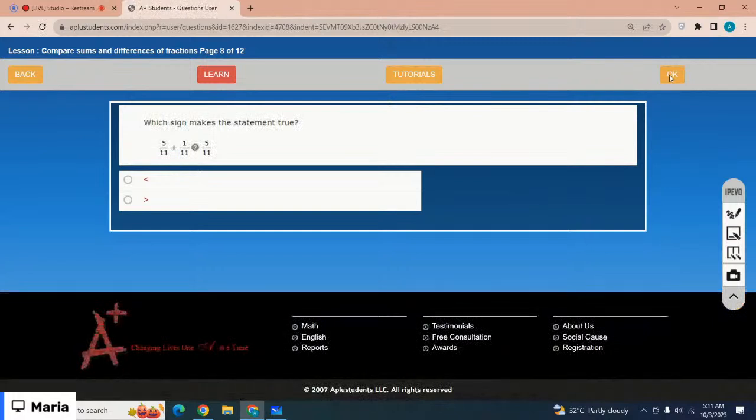Okay, the next one is 5 over 11 plus 1 over 11. You have to compare it to 5 by 11. So, which is the correct option?